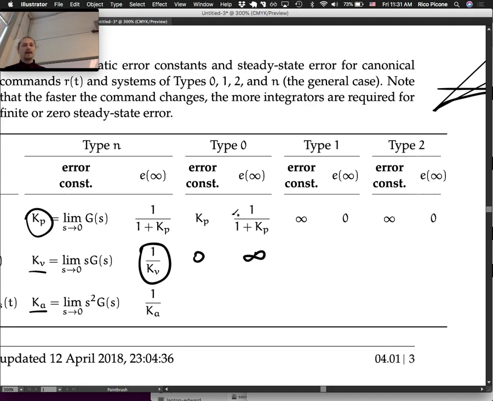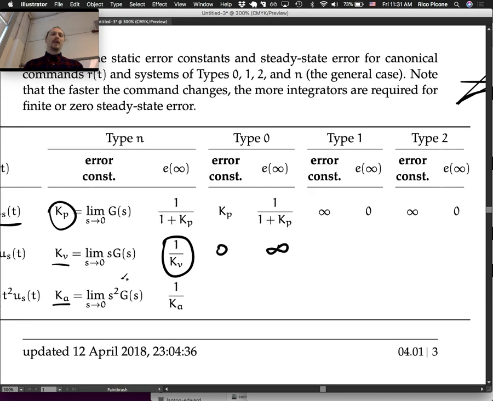But if you add an integrator, so a type 1 system, what happens? Our G(s) is now going to have a 1 over s in it. It's going to cancel that s, so s and 1 over s will cancel. You have the limit as s goes to 0 of G(s), which will be some finite number. When it's some finite thing, I just put the error constant there, so kV is something finite. Then the steady state error is just 1 over kV, whatever that is.